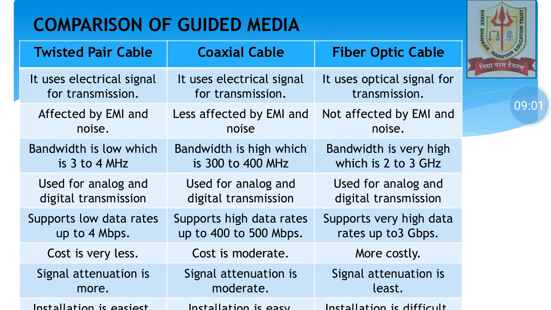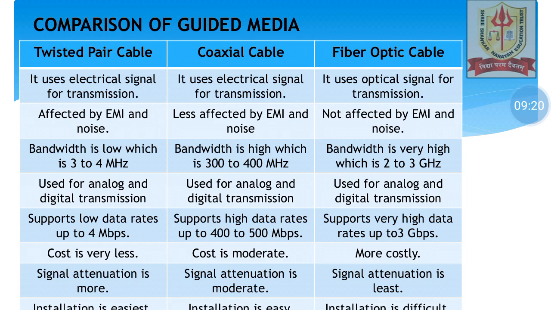Regarding twisted pair, it uses electrical signal for transmission. Same goes with coaxial cable, but as far as fiber optic is concerned, it uses light signal, that is optical signal, for transmission. And twisted pair is affected by EMI and noise. That is a disadvantage of twisted pair.